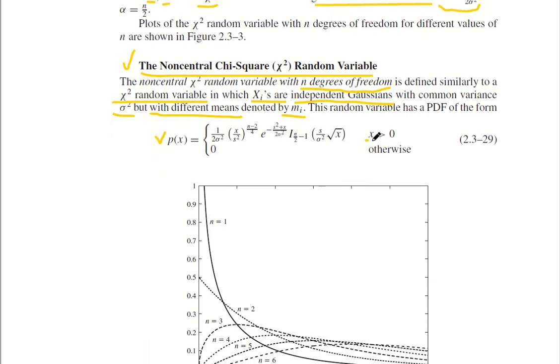For x larger than 0, it's 1 over 2 sigma squared, x divided by s squared, to the n divided by 4, then exponent minus s squared plus x divided by 2 sigma squared, and I sub n divided by 2 minus 1 of s divided by sigma squared times the square root of x. That is for x larger than 0, and otherwise, meaning x smaller than 0, it is 0.